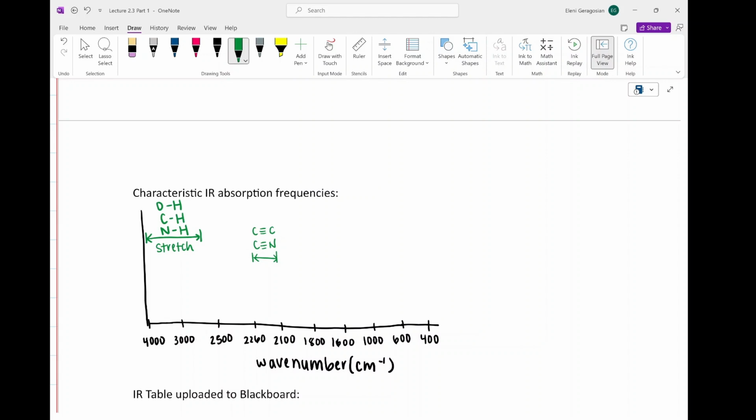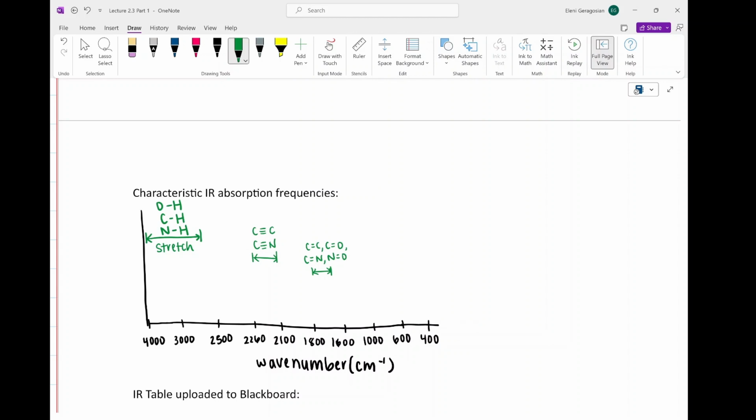In 1800 to about 1400, which I didn't label, so we'll just make this one small, these are double bonds: carbon to carbon double bond, carbon to oxygen double bond, carbon to nitrogen, or nitrogen to oxygen.